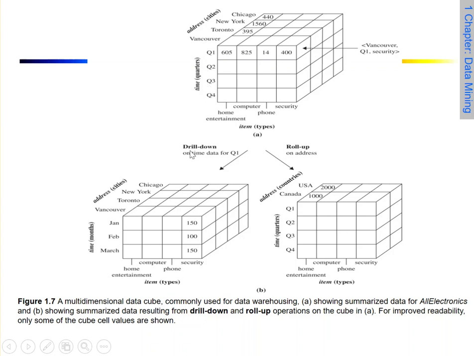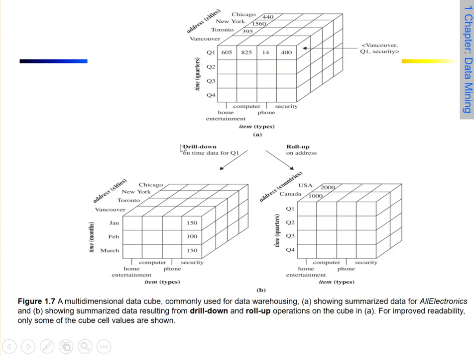We can actually perform very flexible exploratory data mining tasks on a data cube like this. What is illustrated here is a drill down operation and a roll up operation. So in a drill down operation, we can actually bring out more detail of the data.